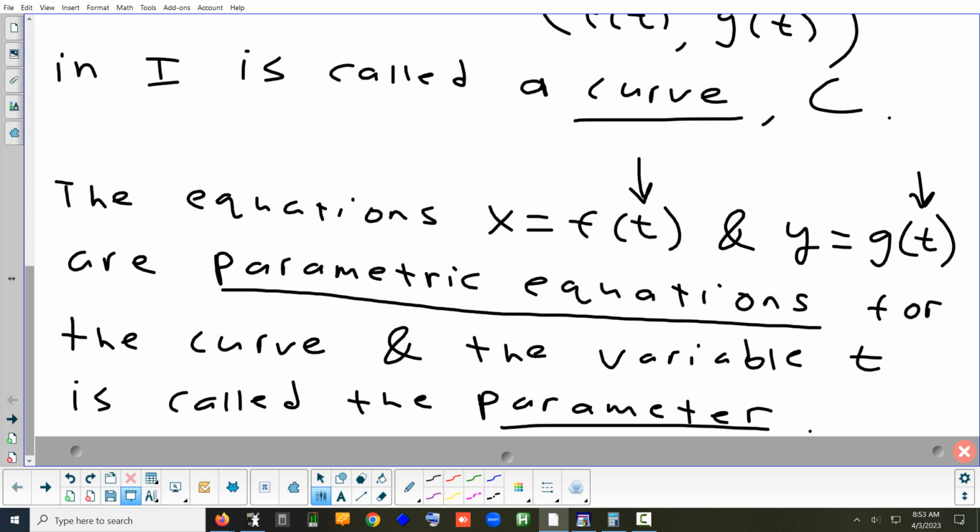And it is a variable, but the term that they really use to describe it is it's called a parameter. It's exactly the same thing as a variable. So the parameter is part of what controls how your graph is going to look.